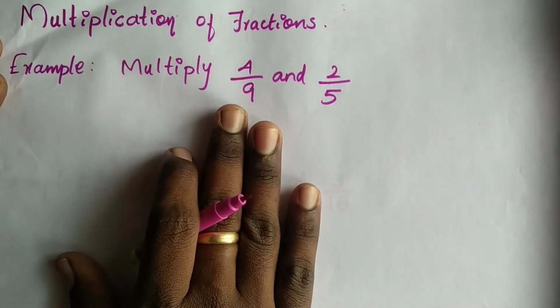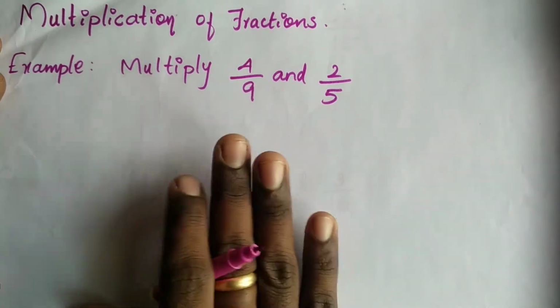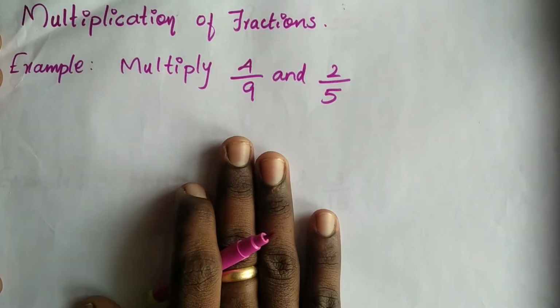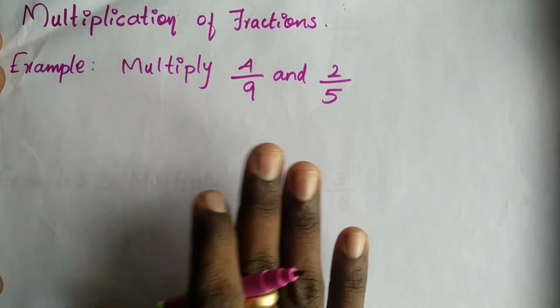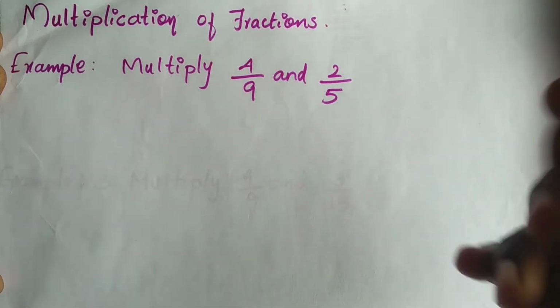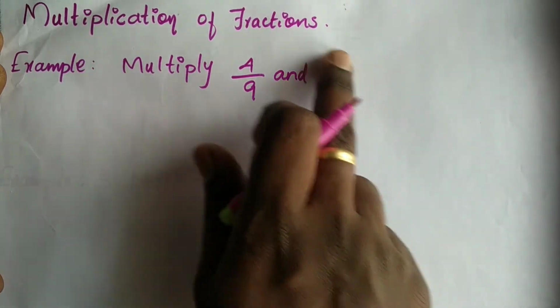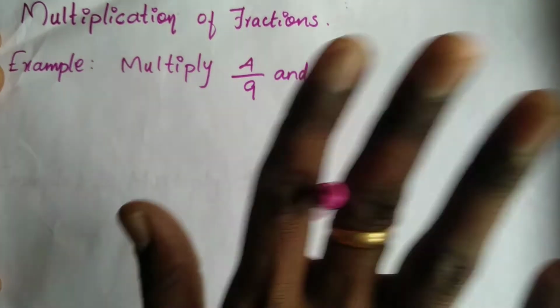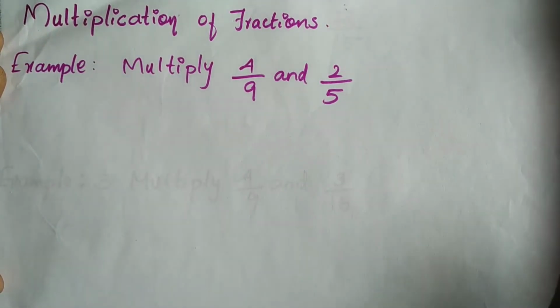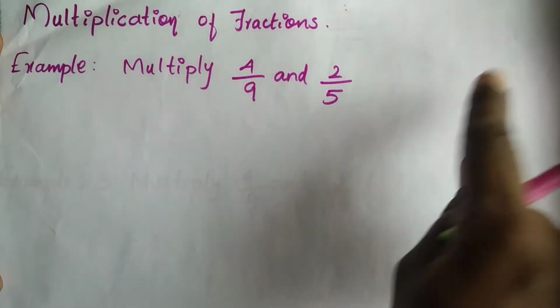fraction, if you want to multiply two fractions, the first step is to multiply the numerators. Numerator means the above number. You will get a new numerator. Next, multiply the denominators, and you will get a new denominator.